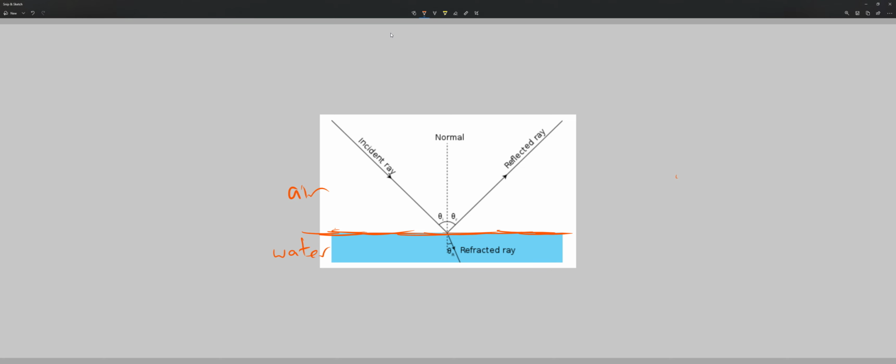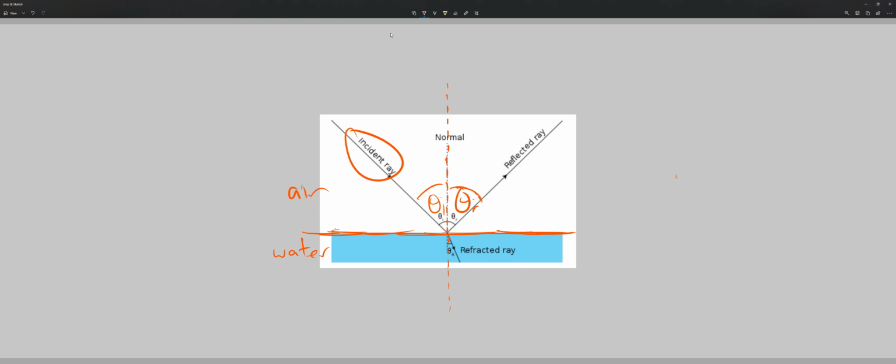And so your normal line, and we want to make sure we draw our normal line, is perpendicular to the boundary. Perpendicular. And we know that the angle of incidence is equal to the angle of reflection.